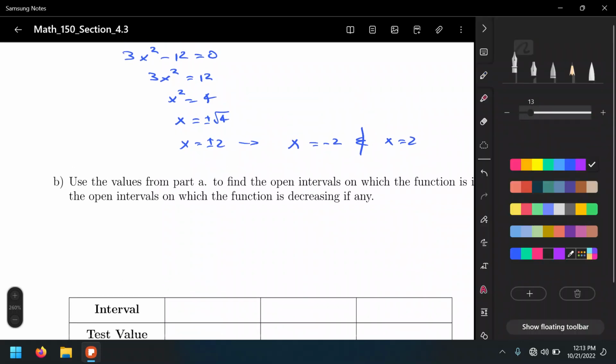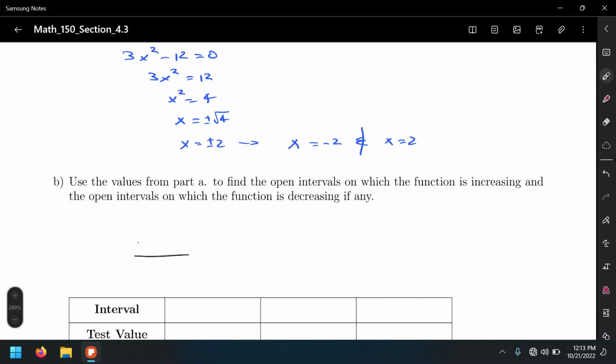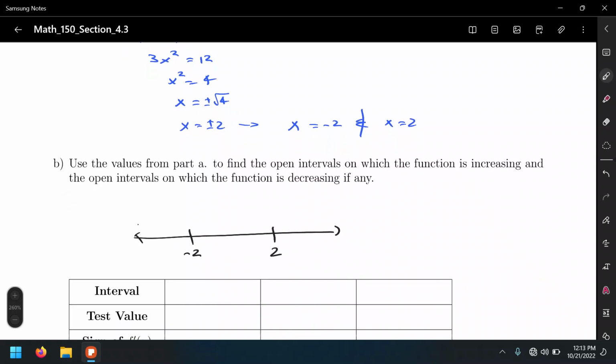Let's draw the number line and plot these numbers, negative 2 and positive 2. So when we divide the number line using these two critical numbers, notice how this gives rise to 1, 2, and 3 intervals to test, right?